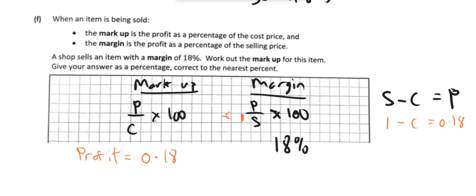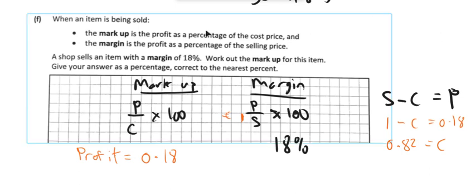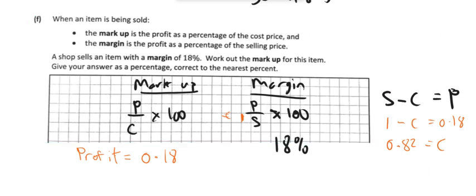So bring over the C to the other side and bring over the 0.18 and subtract, you get 0.82. So that has to be the cost then. Given that the selling price is €1, the cost price has to be 82 cent.